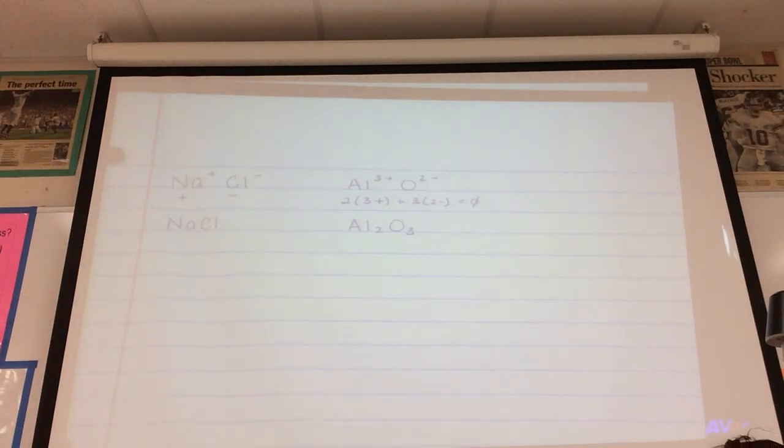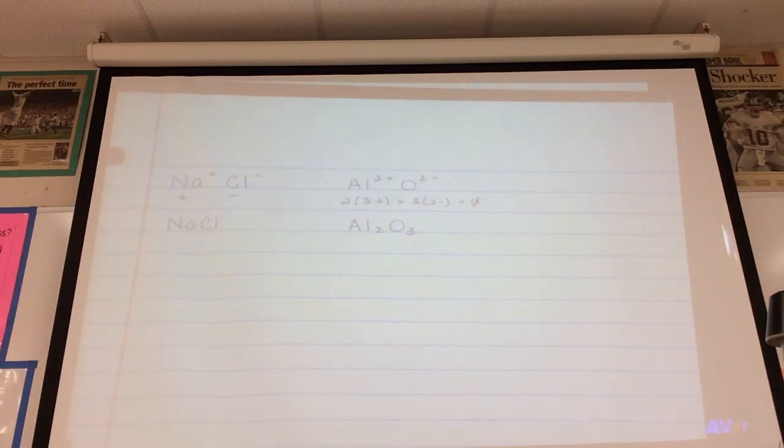So in an ionic compound, there is an electrostatic interaction between cation and anion. And again, the metal forms the cation when it loses one or more electrons. The nonmetal forms the anion when it gains one or more electrons.